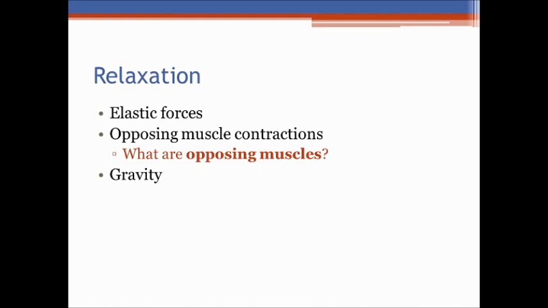Opposing muscles are muscles that do opposite actions over the same joint. Think of the biceps and triceps. They are opposing muscles because the biceps flexes the elbow and the triceps extends the elbow. So if the biceps were to flex, it forces the triceps to relax. Gravity also causes relaxation to occur because after time your muscles will succumb to gravity.